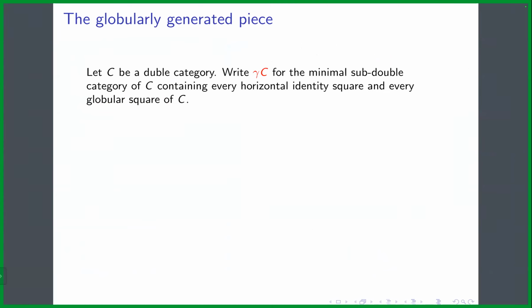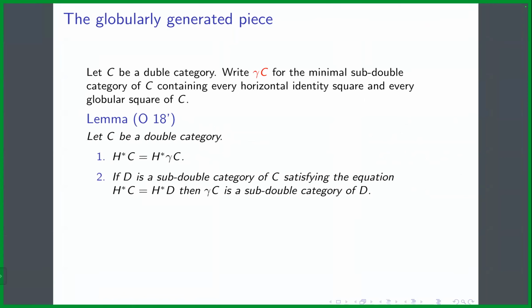So suppose C is a double category. If we write gamma C for the minimal subdouble category of C containing every horizontal identity square and every globular square of C, then we have the following lemma.